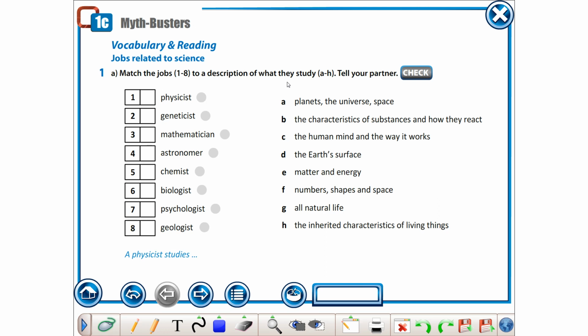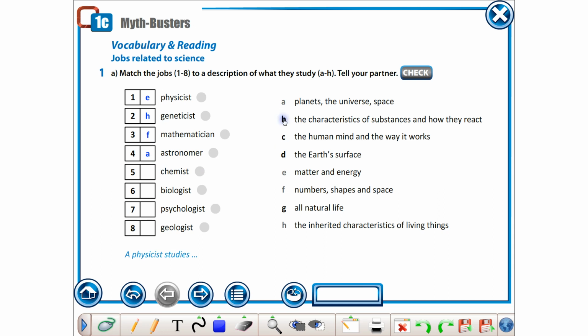Are you ready? The first, I suppose, is matter and energy. The second is the inherited characteristics of living things. Number 3, numbers, shapes and space. Number 4, planets, the universe and space. Do you agree with me?